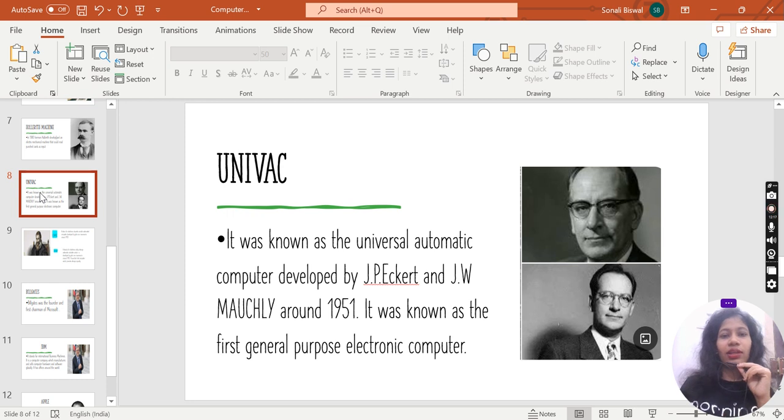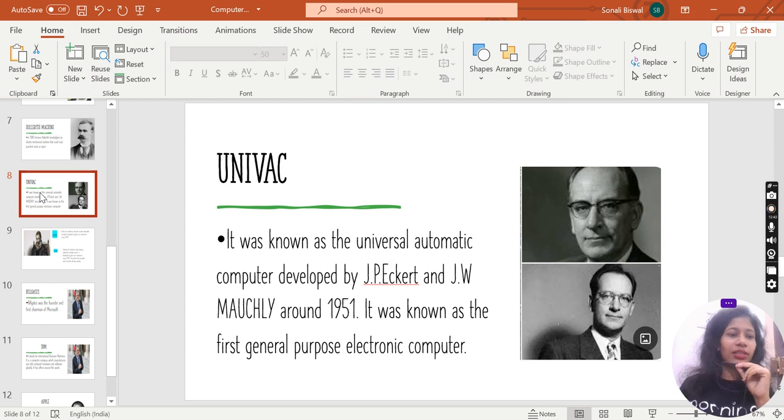ENIAC stands for Electronic Numerical Integrator and Calculator. It was the first electronic digital computer, invented by J.P. Eckert and J.W. Mauchly in 1950 because of military needs.